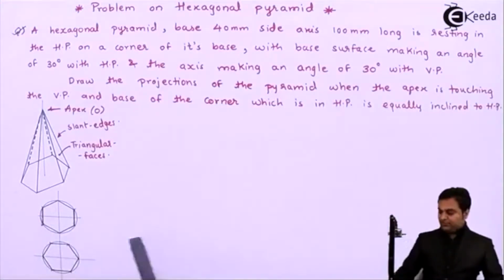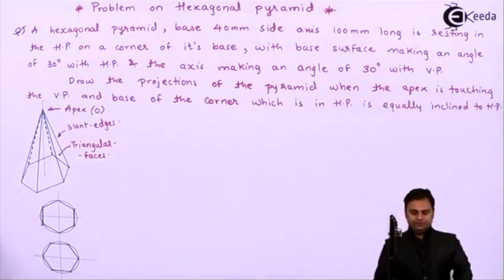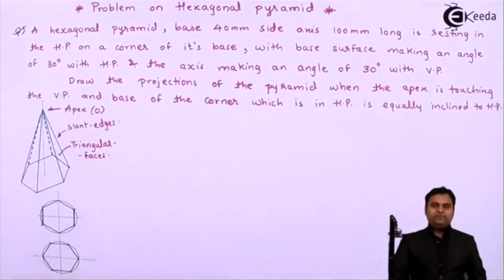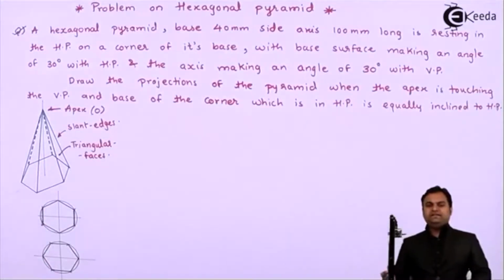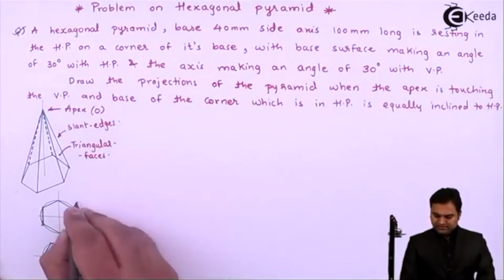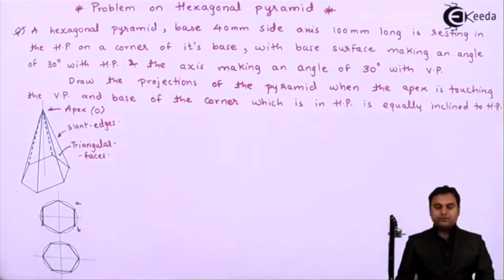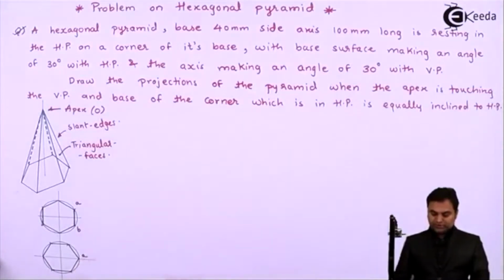So hexagon can be drawn in these 2 different ways. In the first condition, this hexagonal pyramid is resting on an edge, because we are taking the right hand side as a reference, because in case of solids they would be tilting on the right hand side. So here I'll say that this is edge AB. Then in the second condition it is resting on its corner, which I'll say is corner A.